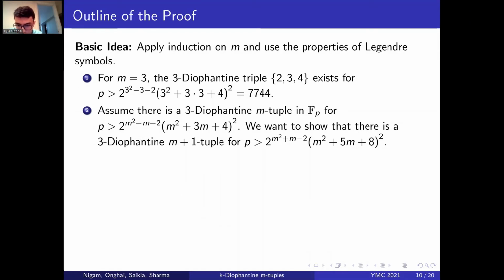Now we assume there is a 3-Diophantine m-tuple in Fp for p greater than the bound Dishant mentioned, and we want to show that there's a 3-Diophantine (m+1)-tuple for p greater than the bound when m is sent to m+1.